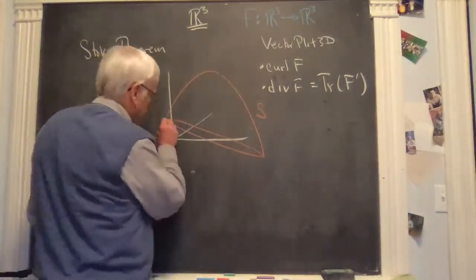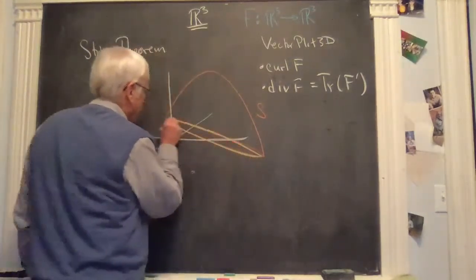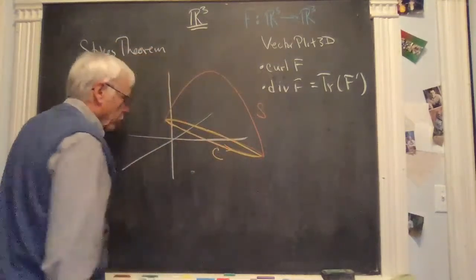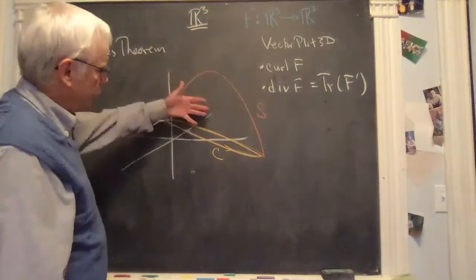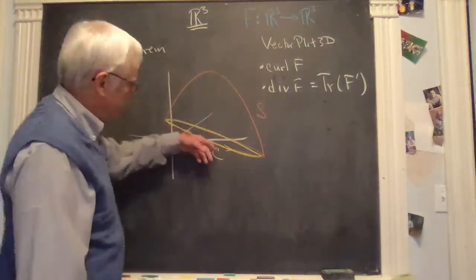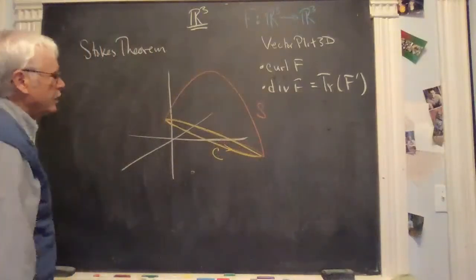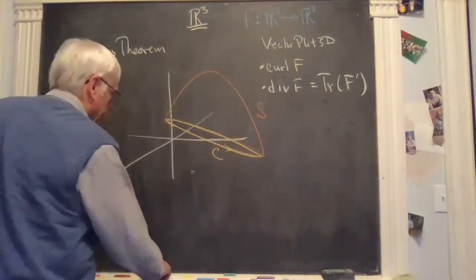We're going to call the bounding curve C. And I'll orient C so that the surface is to the left of C as I walk around the curve in that direction. So this is the situation.